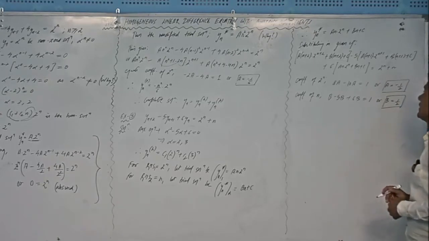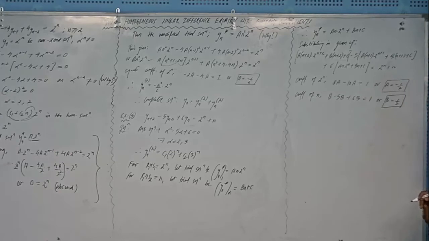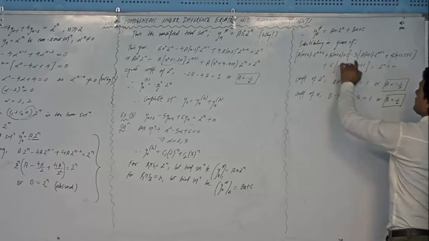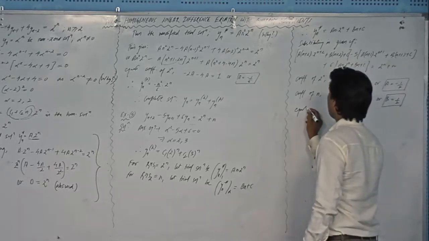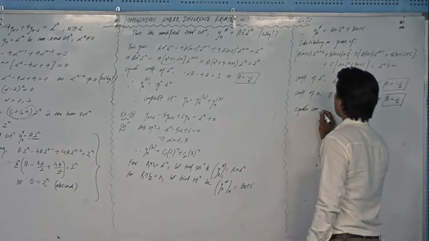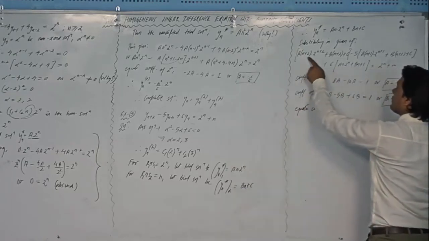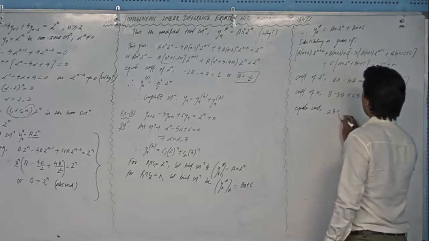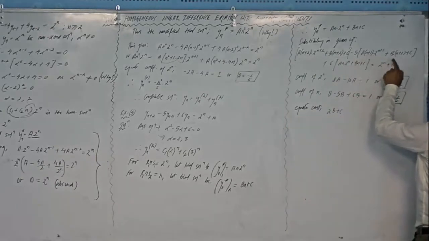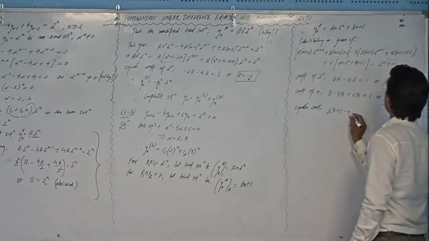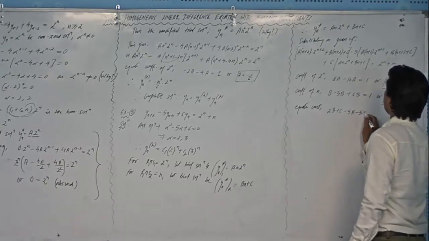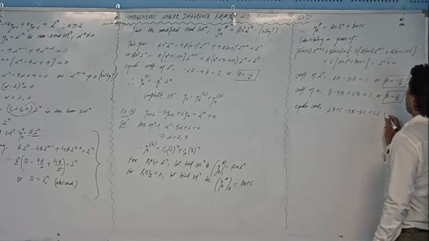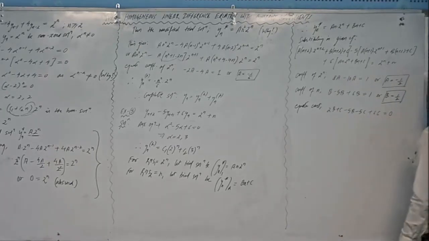Now it all remains to find the constant c. Now I will equate the constant terms. From the first term no constant is there. Here I will have twice of b plus c, and from the second term minus 5b minus 5c, and from the last I will have 6c, and from the right hand side there is no constant.